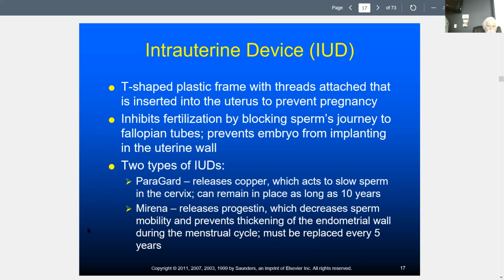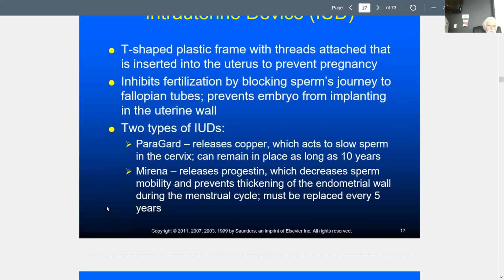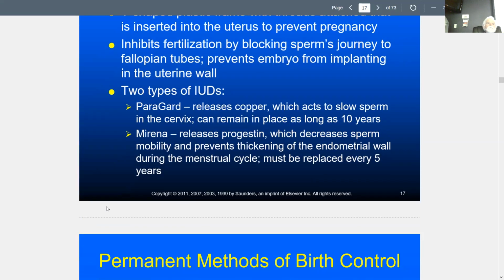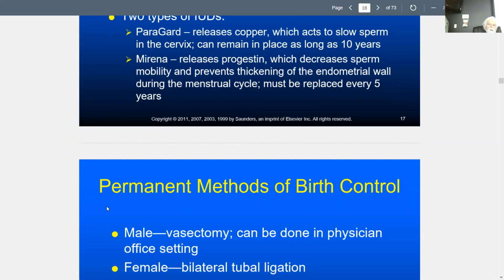And then there's the one that releases a hormone, progestin, Mirena. Yeah, the copper T was the first IUD. And then I couldn't get pregnant for like 6 years.